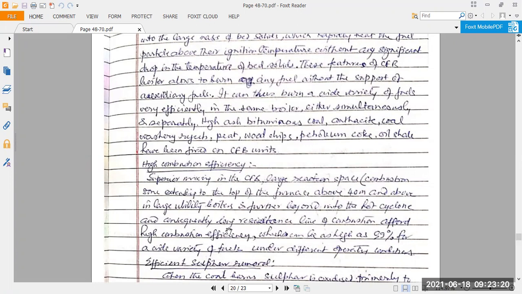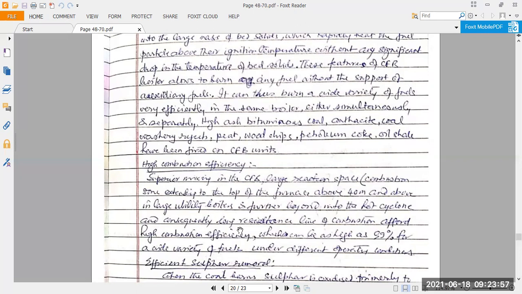It means you have to keep the fuel inside the furnace for a considerably long residence time, and consequently a long residence time of combustion affords high combustion efficiency.